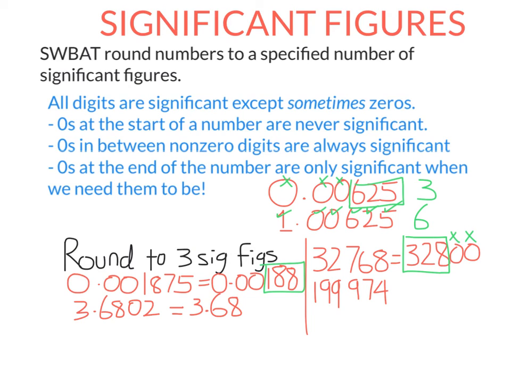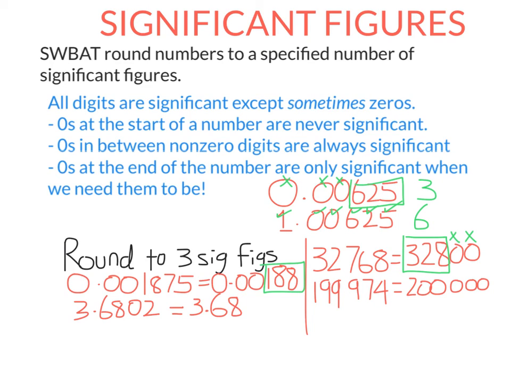So instead, I'm going to make this 199 into a 200. So I've rounded it up to 200, but again, I want the same number of digits in my whole number. So I need to write it as 200,000. I can't just write it as 200 because that's nowhere near my original number. So this is what you get if you round this to three significant figures.